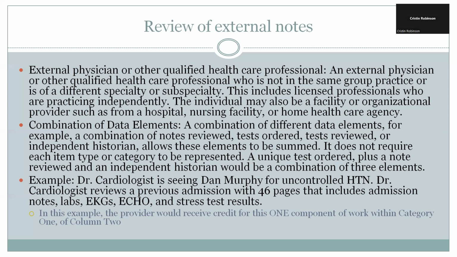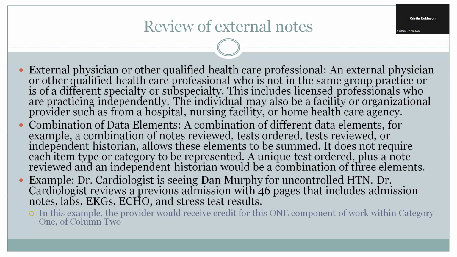So we want to do a combination of different data elements for each example. A combination of notes reviewed, tests ordered, tests reviewed, or an independent historian allows these elements to be summed, and it does not require each item or type to be represented. A unique test ordered plus a note reviewed and an independent historian would be a combination of these 3 elements.